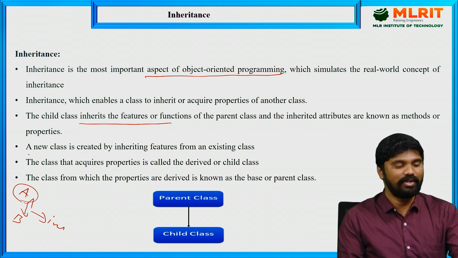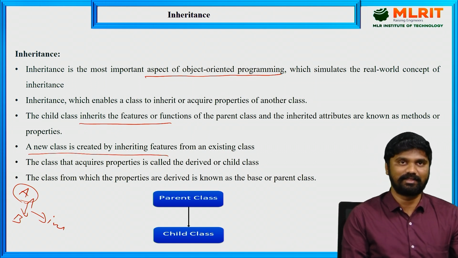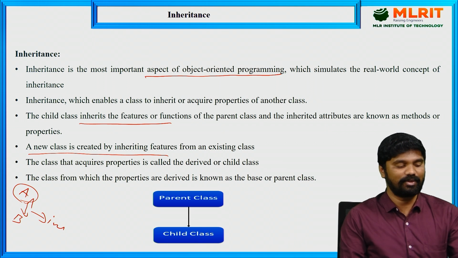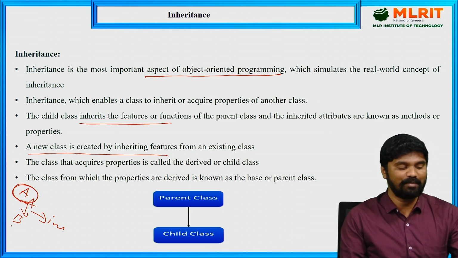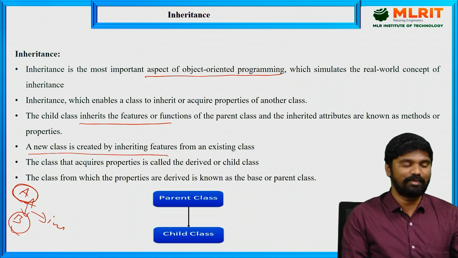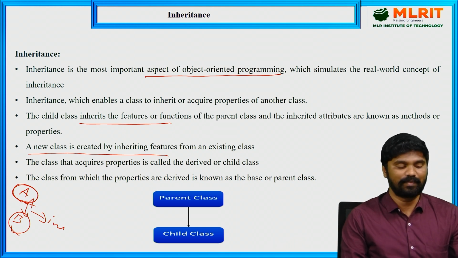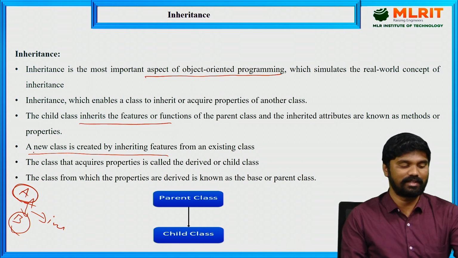Next, a new class is created by inheriting features from an existing class. Here A is an existing class and B is a new class. Whenever we make the relationship between A and B, the new class B accesses the features, properties, and behavior of the existing class A.